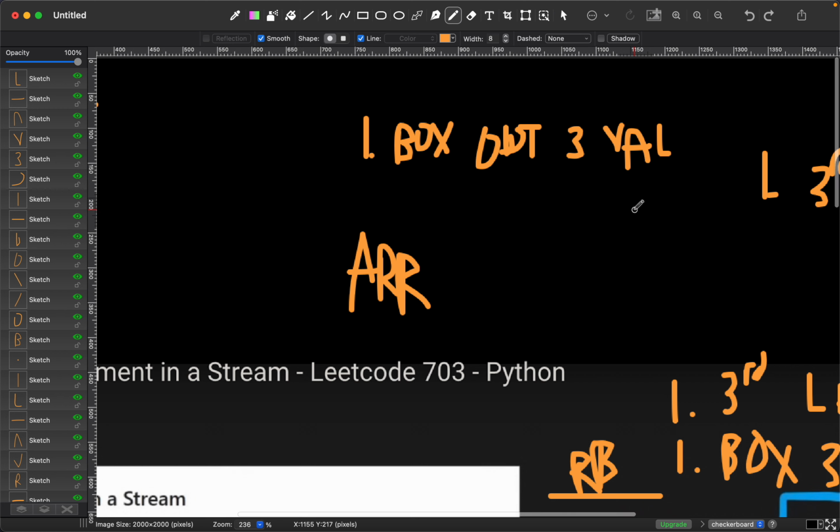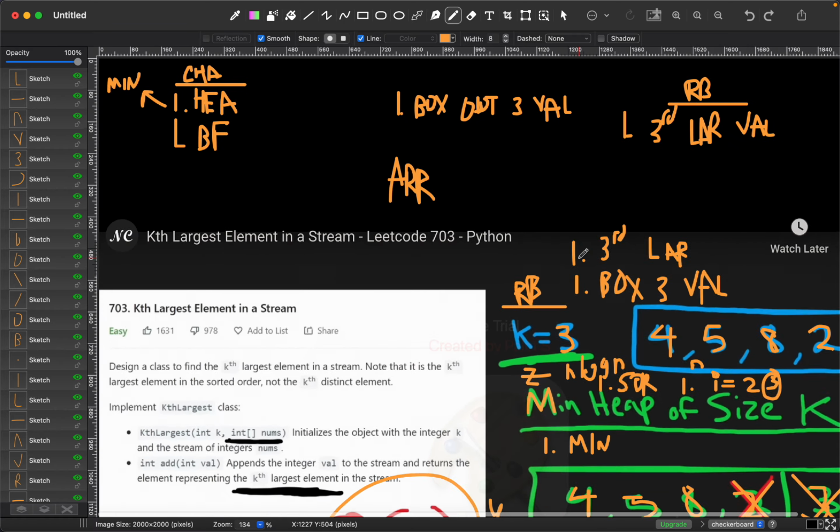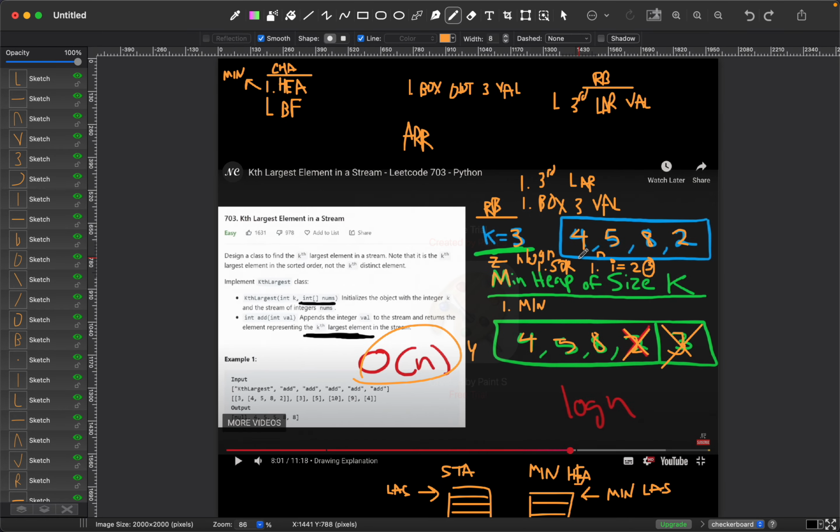Very much so, at the core of things, we are abusing this min heap, so to speak.